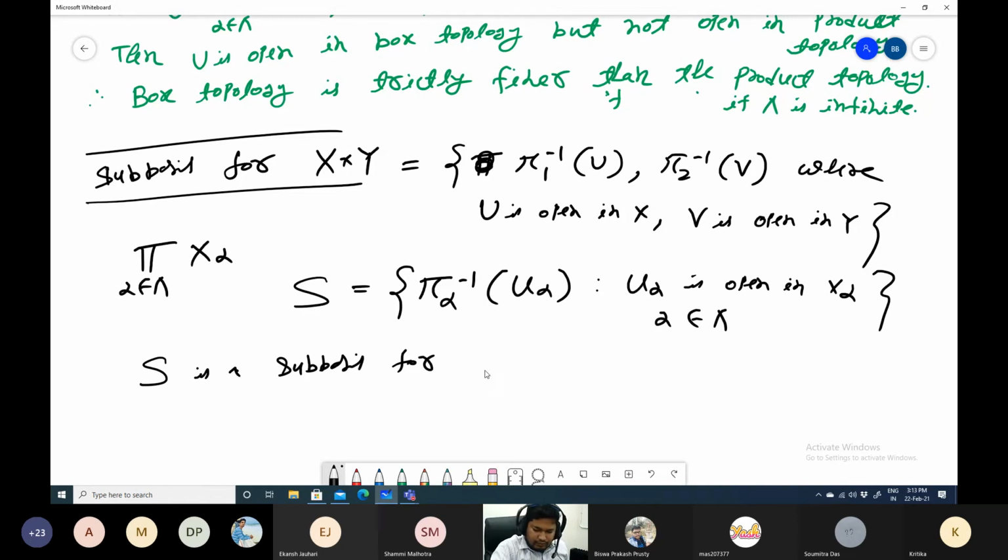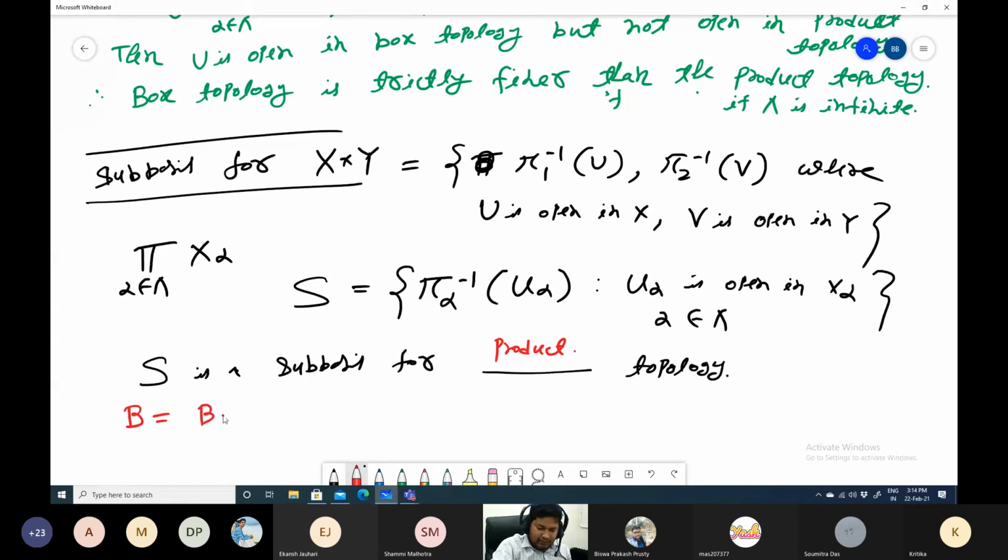tell me, S is a subbasis for which topology? Product topology or box topology? Product. Right, it is a subbasis for the product topology. Why? Because in our case, what was the basis of the product topology?